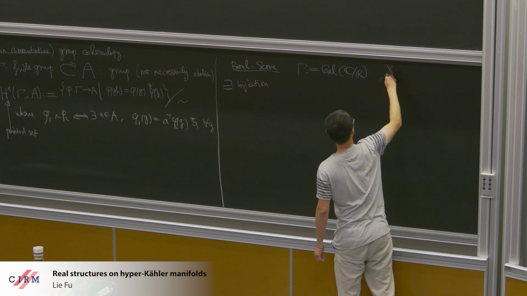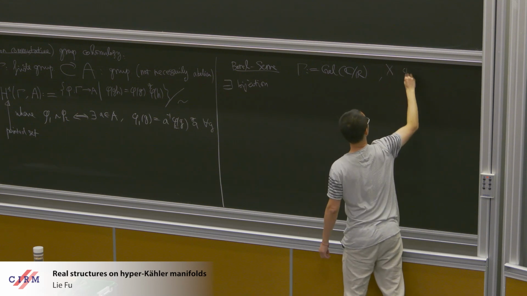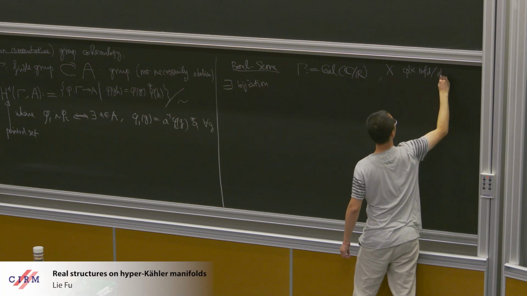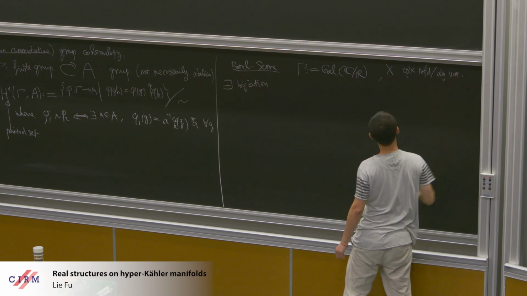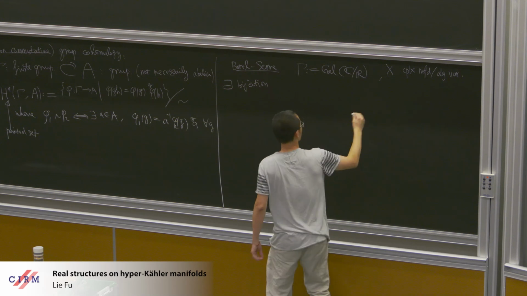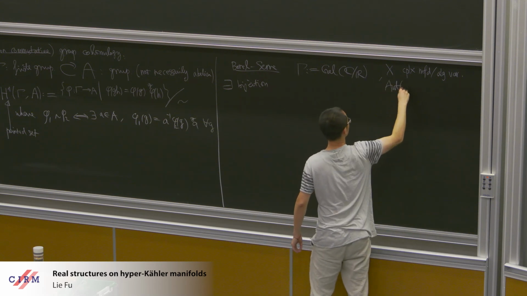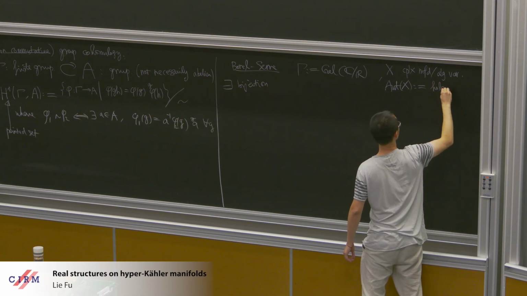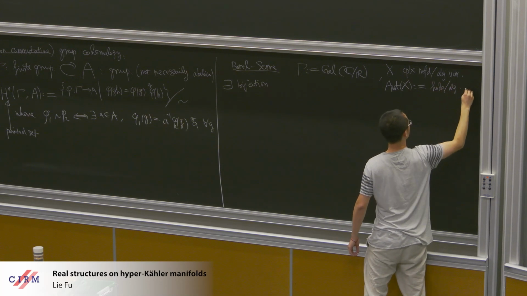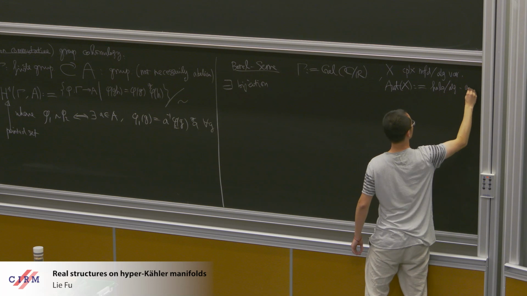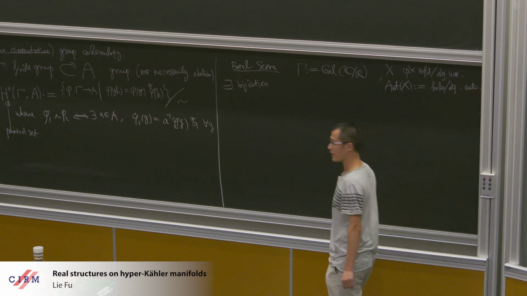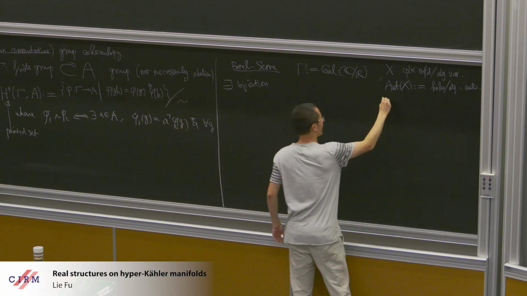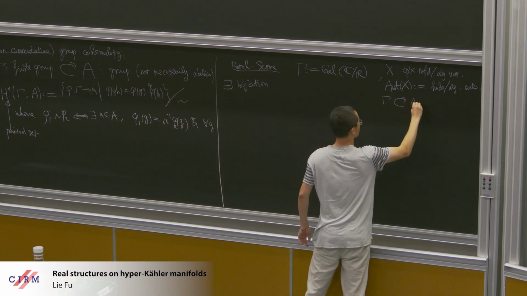X is, say, a complex manifold or complex variety, algebraic variety. They both work. And I take the automorphism group of X, the holomorphic or algebraic automorphisms, depending on the context. And there is a bijection between, I forgot to say, the gamma action of course on the automorphism group.